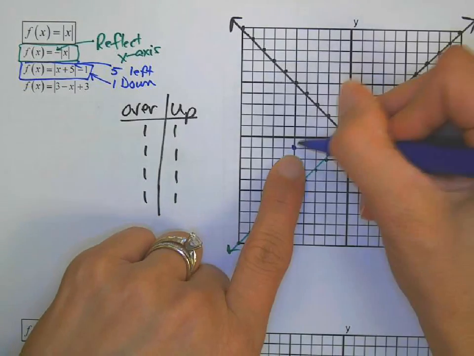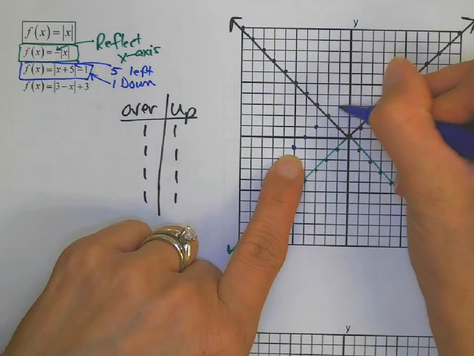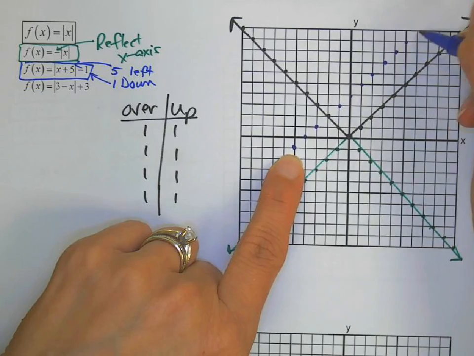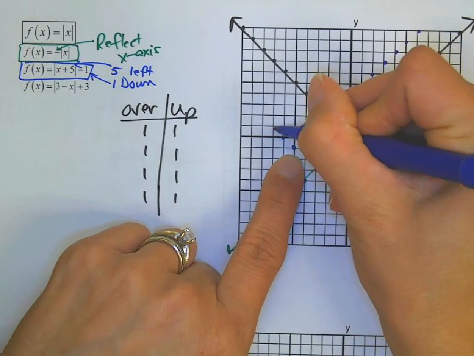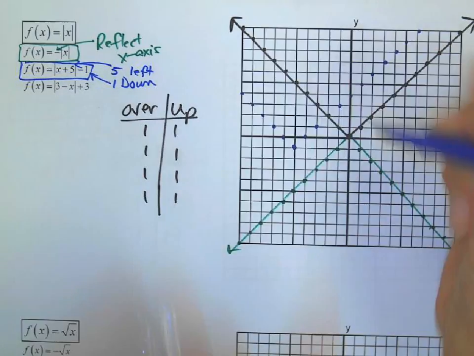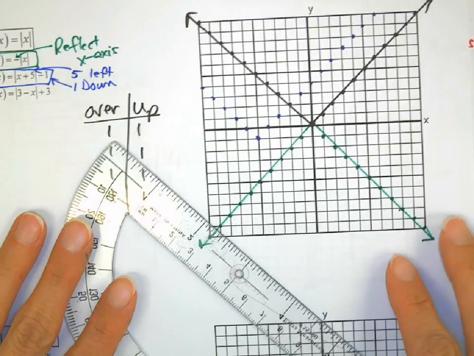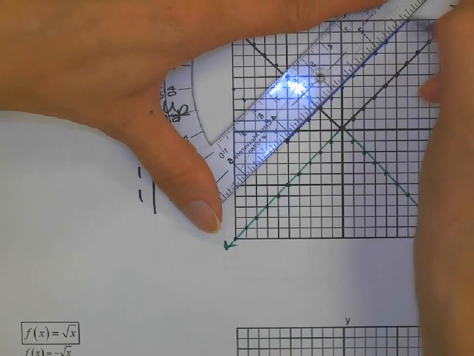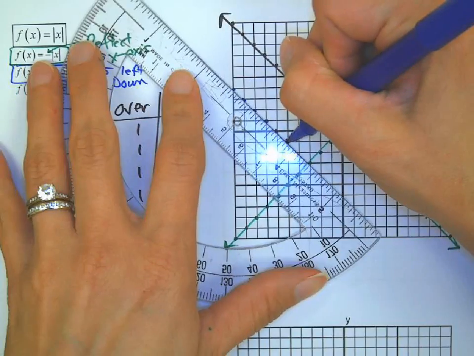All right, we're going to grow up. Over 1, up 1, over 1, up 1, over 1, up 1. So this branch is completely parallel to the basic branch, and we have our absolute value graph here.